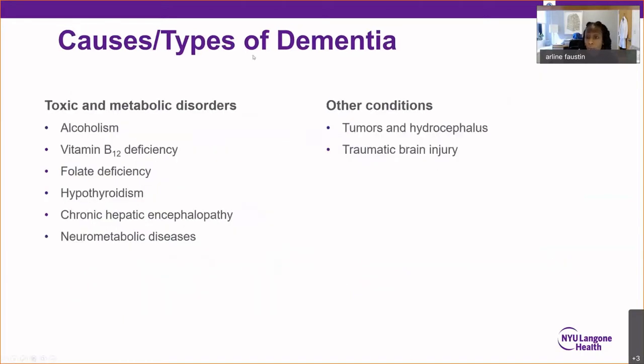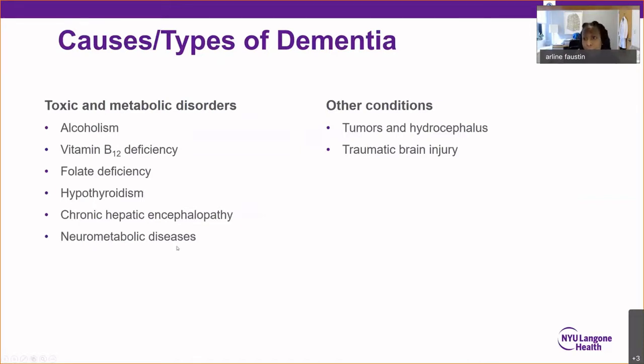So going on to other causes of dementia, there could also be toxic and metabolic causes. Alcoholism and being vitamin B12 deficient will also take a toll on your neurons, your nervous system. Folate deficiency. Hypothyroidism, believe it or not, is also something that can affect your memory. Having liver disease, which could be secondary to the alcoholism, let's say, or any other kind of insult causing a chronic hepatitis.